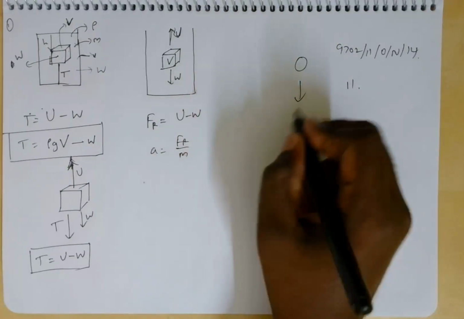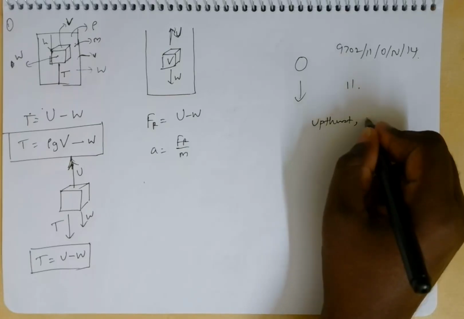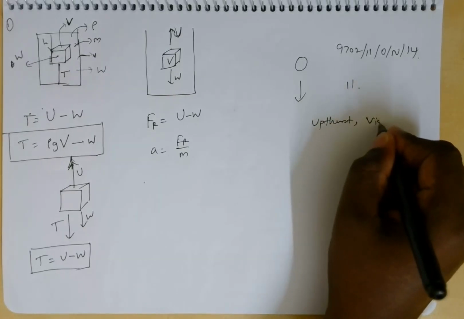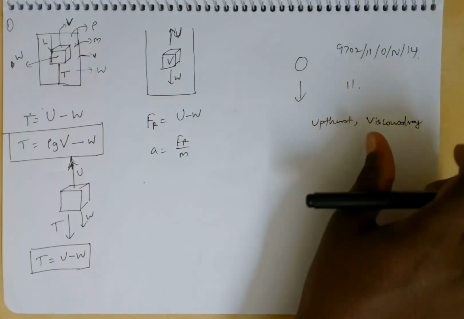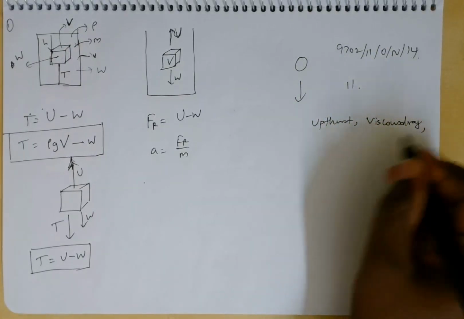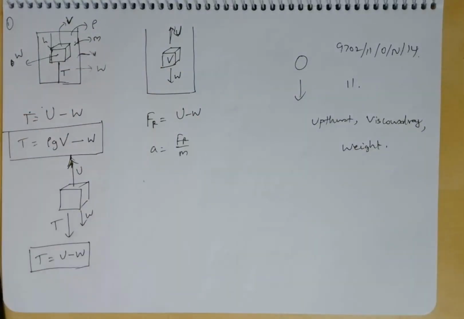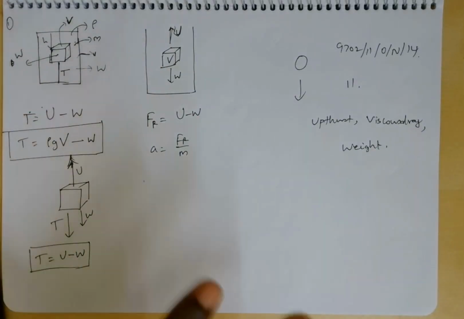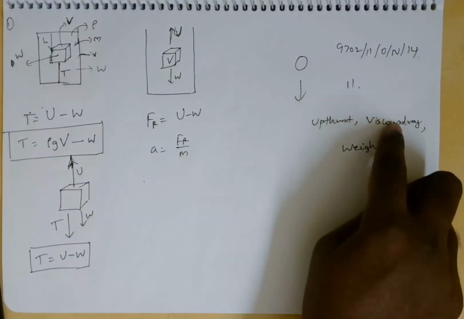Three forces are acting: upthrust, viscous drag, and weight. Viscous drag is the same force. So remember, the ball is falling at terminal velocity. Three forces are involved: upthrust, viscous drag, and weight.